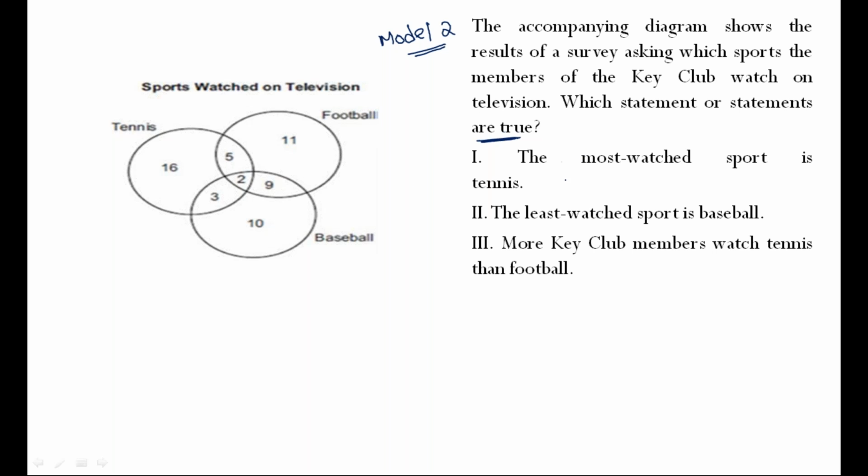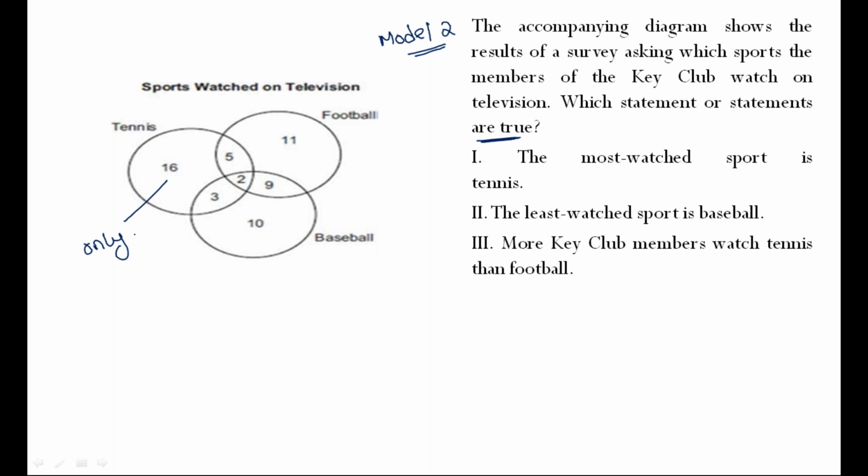The most watched sport is tennis. The least watched sport is baseball. More club members watch tennis than football. Which among these statements is true? Now, guys, try to understand how many are playing tennis. This 16 is only tennis.